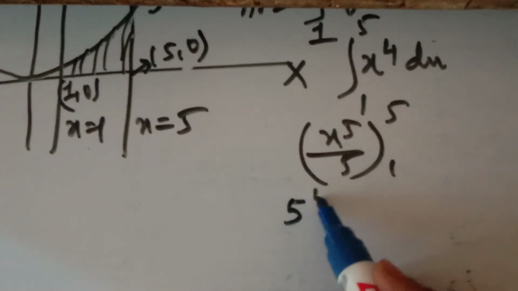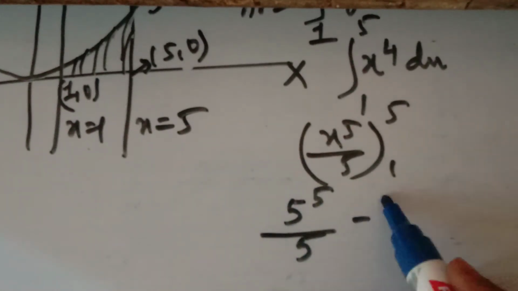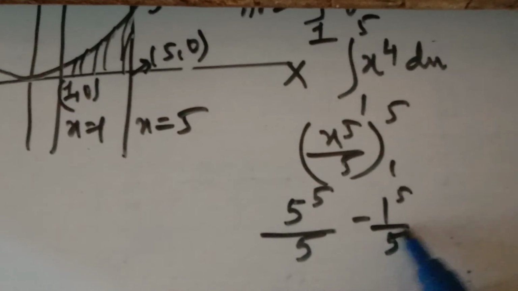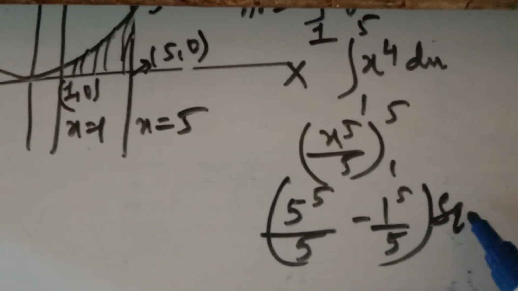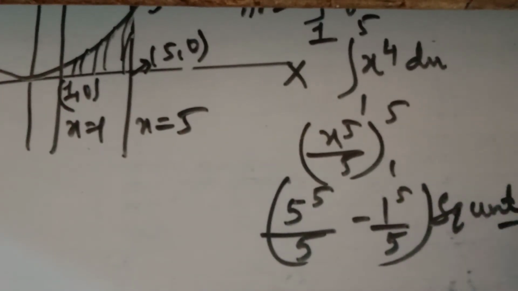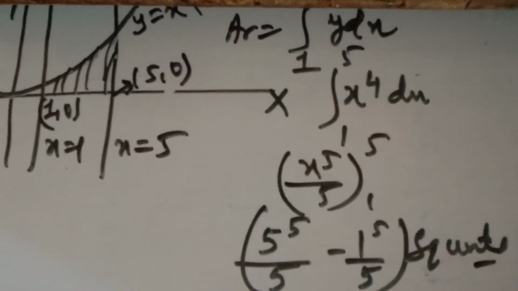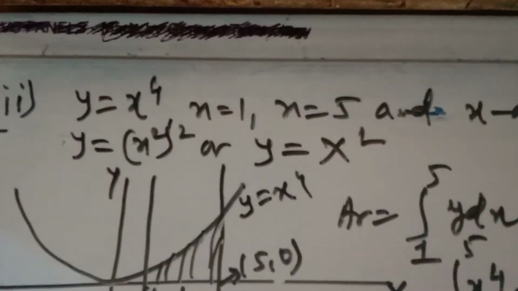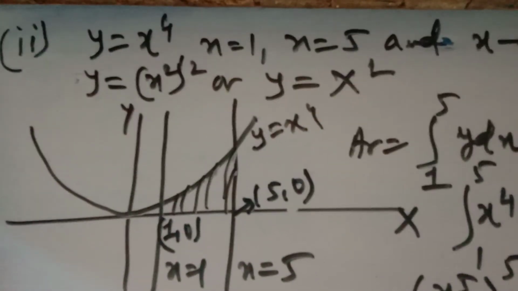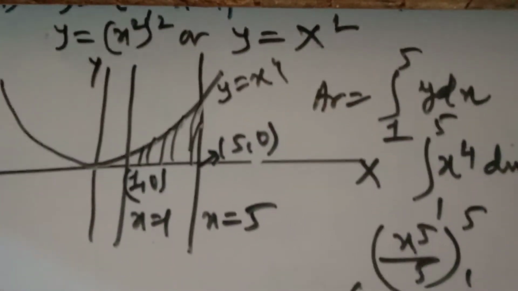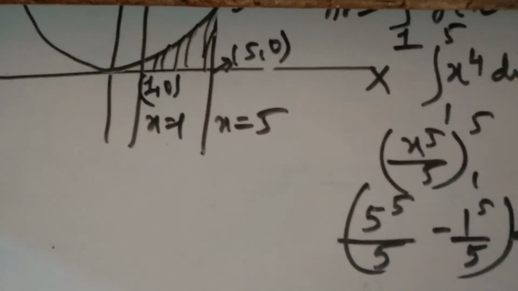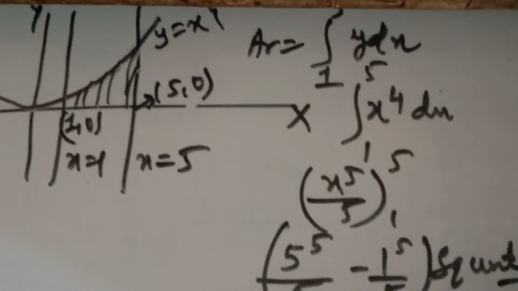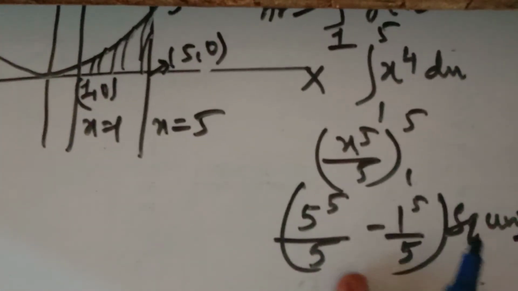So upper limit minus lower limit, you can get this as square units, the area bounded by this curve. So it is an easy question. This is the second part of question number 1, miscellaneous exercise. Square unit you have to write at the end. You can simplify this as far as possible.